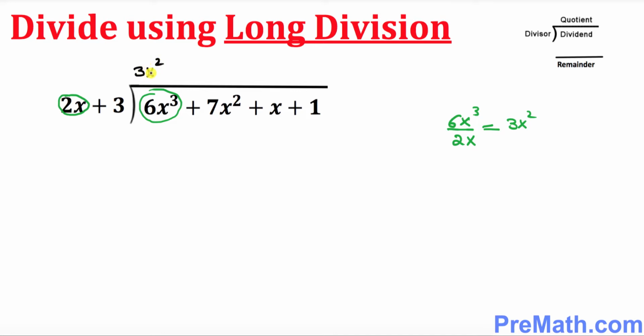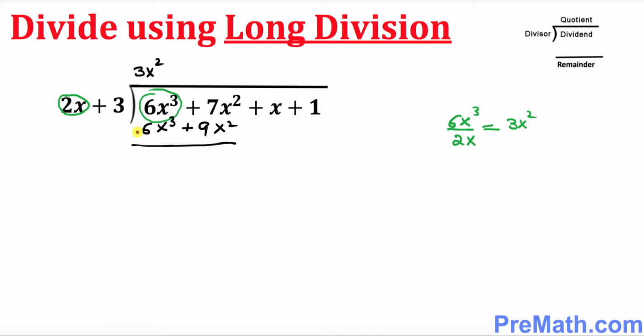Now I want you to multiply this 3x squared with both of these terms in the divisor. Let's go ahead and multiply them out. So that's going to give you 6x to the power 3 plus 3 times 3 is 9x squared. The next thing I want you to do is switch the signs.